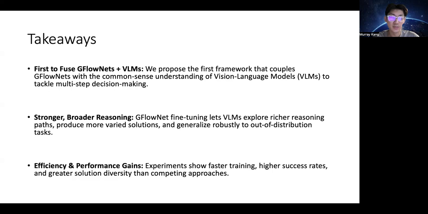And the last one is efficiency. Our experiments show that our method has better efficiency from the training curve, we can utilize off-policy data, and we can also achieve higher success rate and better diversity compared with the baselines.